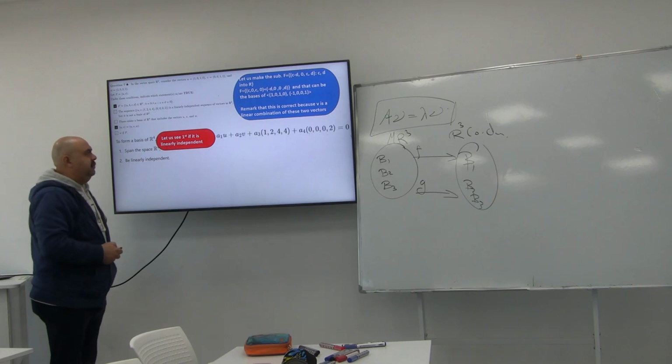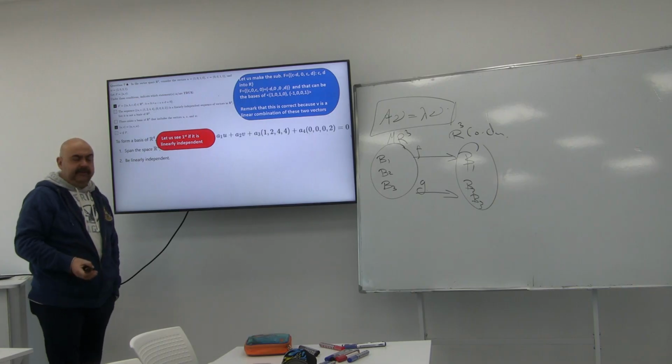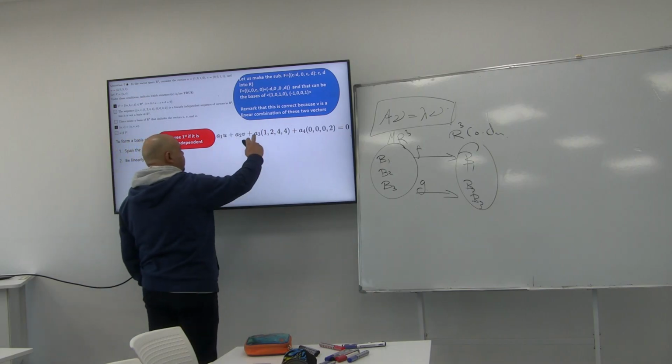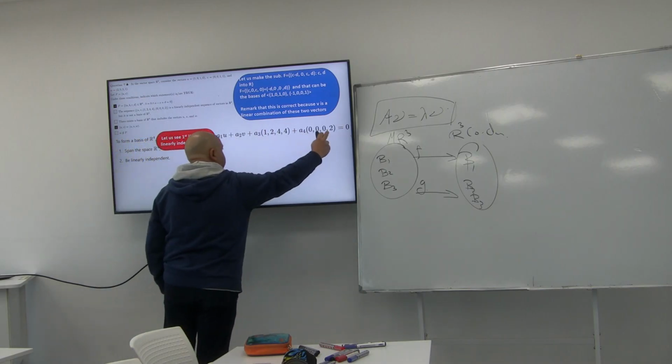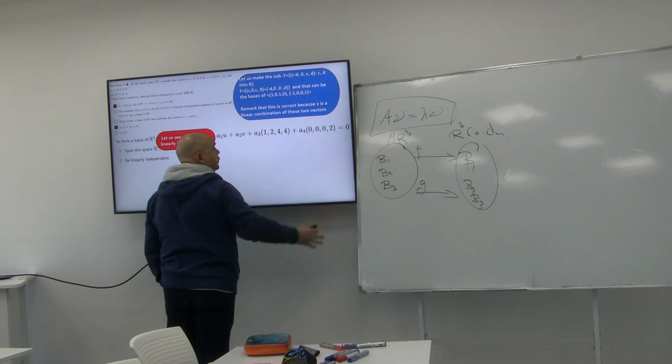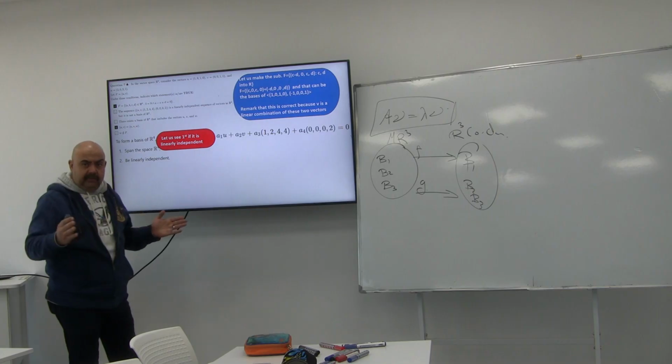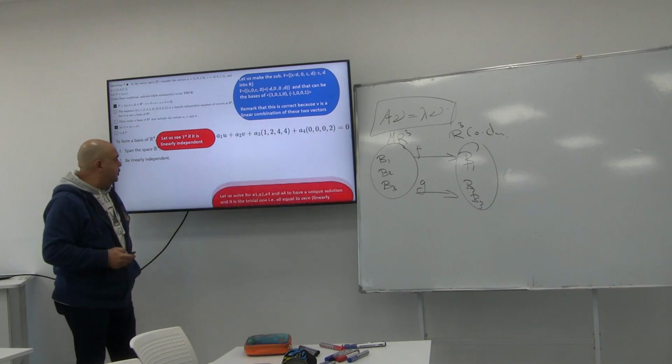To check first if they are linearly independent, all I have to do is to find A1 times U, A2 times V, A3 times the first vector, A4 times the second vector, and it should equal 0. I should have A1, A2, A3, and A4 all of them equal to zero to have this right.